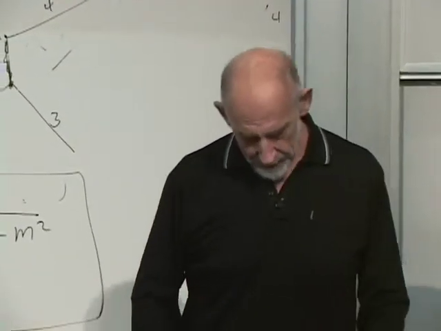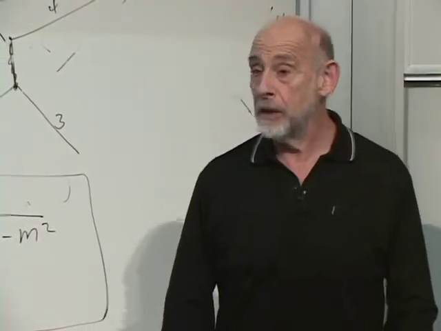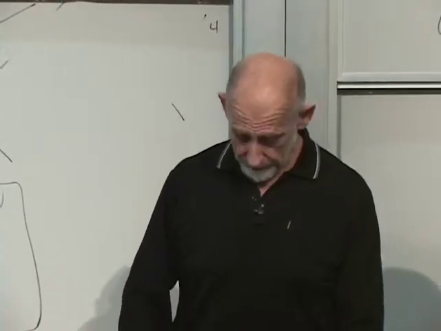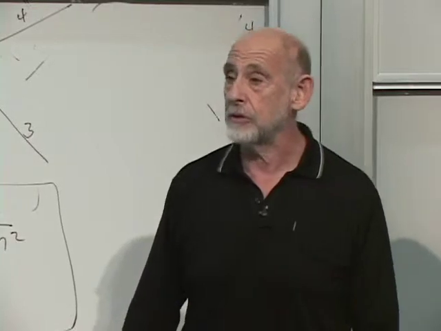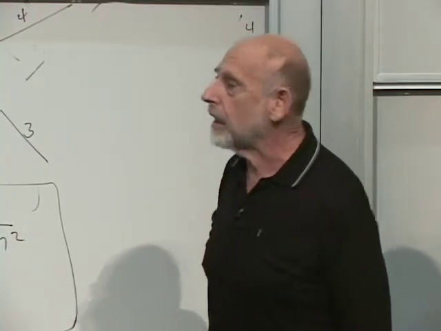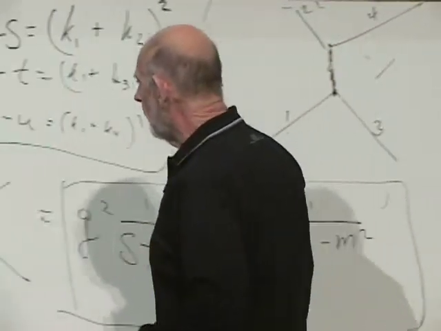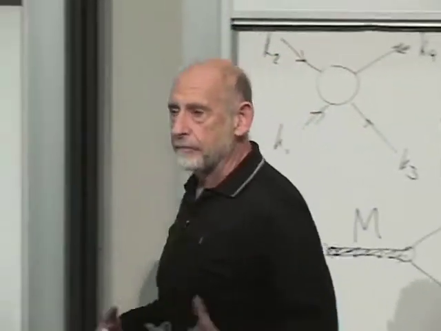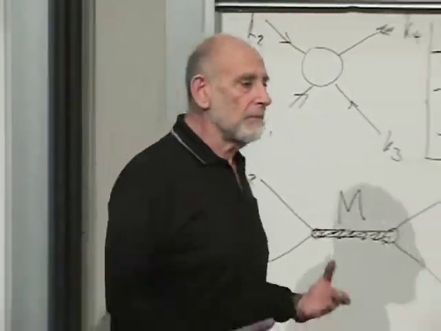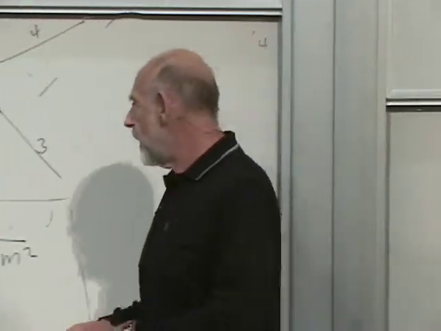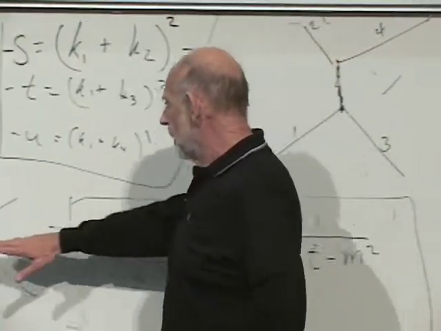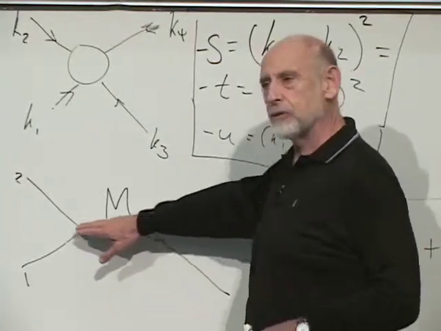And people in the 60s, basically beginning sometime around 1965, 66, 67, tried to concoct mathematical amplitudes with interesting mathematical properties that would represent all of the possible particles which could go in here.